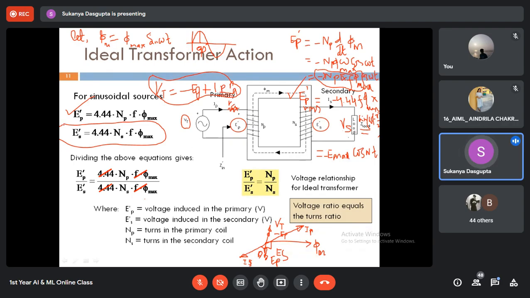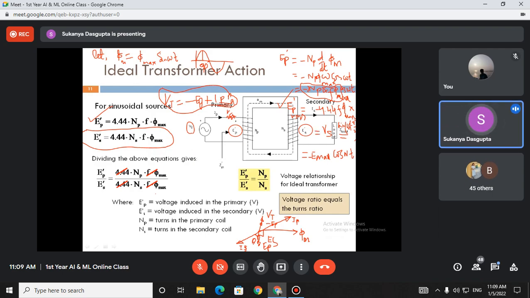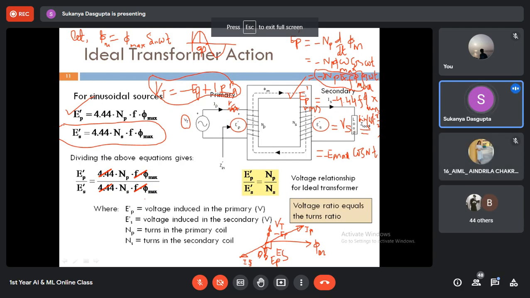And this load voltage will be equal to this induced EMF Es, because there is no resistance in between these two. The secondary winding is purely inductive. No impurity is there. It's a totally ideal transformer. So no losses will be generated here at the secondary side. So the total induced voltage must be impressed fully across the load. So Es is equal to Vs.